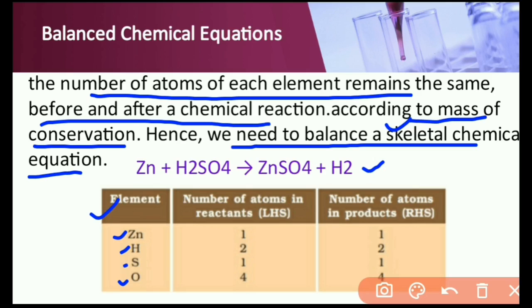Here zinc on the LHS, reactant side, is 1, and the product side also 1. Hydrogen is 2 and the product side also 2. Sulfur is 1 and on the RHS, product side, also 1. Oxygen is also equal on both sides. So this equation is balanced and it follows the law of conservation of mass.